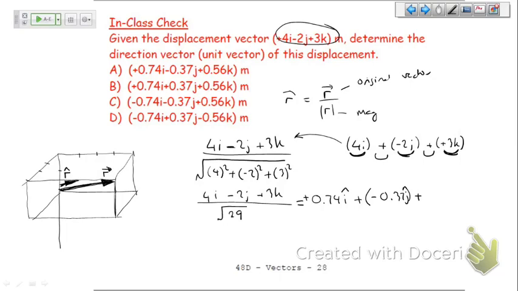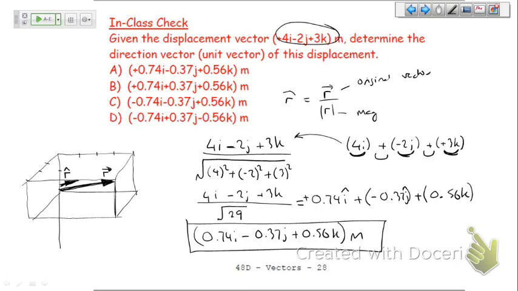And that's going to be 0.56k, and that's going to be a positive. So if I write this out in the final form, 0.74i minus 0.37j plus 0.56k. It's all going to be in meters. Got to have your meters, put it in a box.